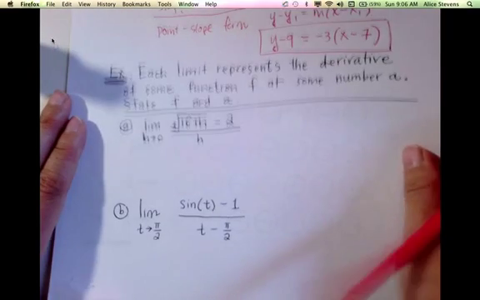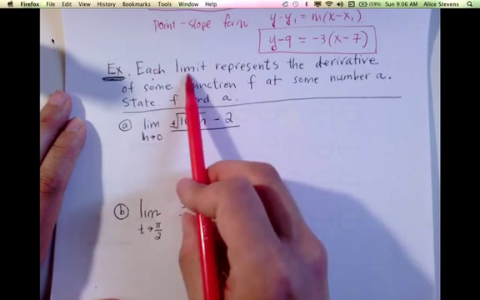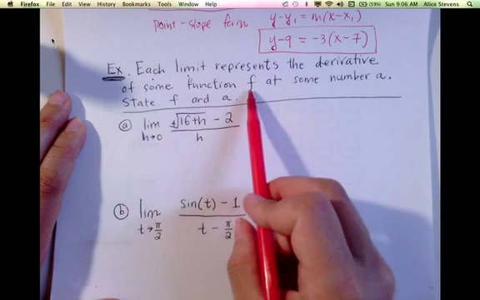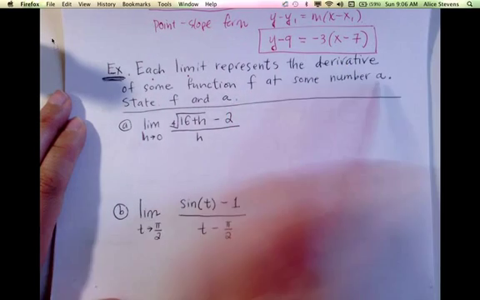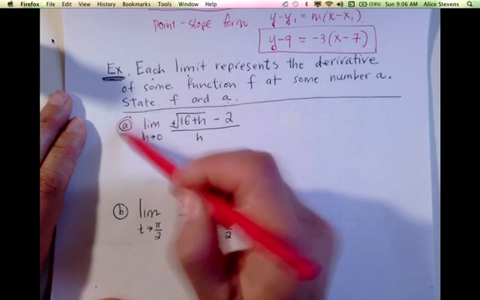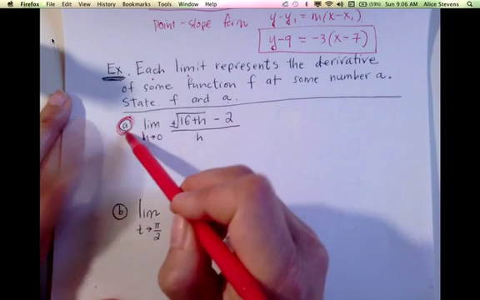Okay. Another type of question you might see in the homework is this type: each limit represents the derivative of some function f at some number a. State f and a. The first thing you want to do is think about which formulation of the derivative you are looking at.